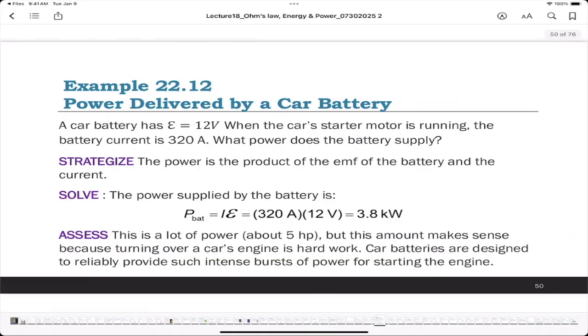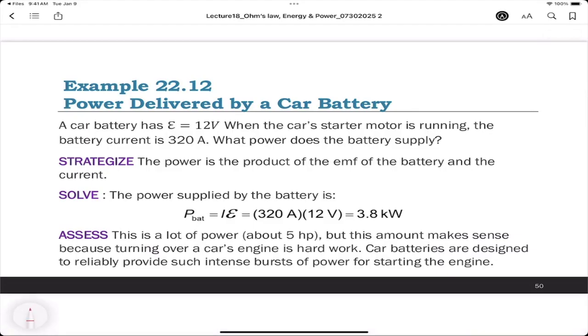Power delivered by a car battery. A car battery has a potential difference of 12 volts. When the car's starter motor is running, the battery current is this one. What power does the battery supply?